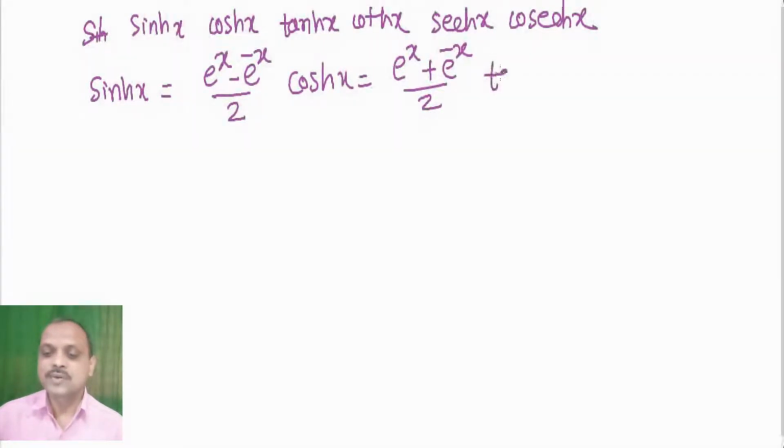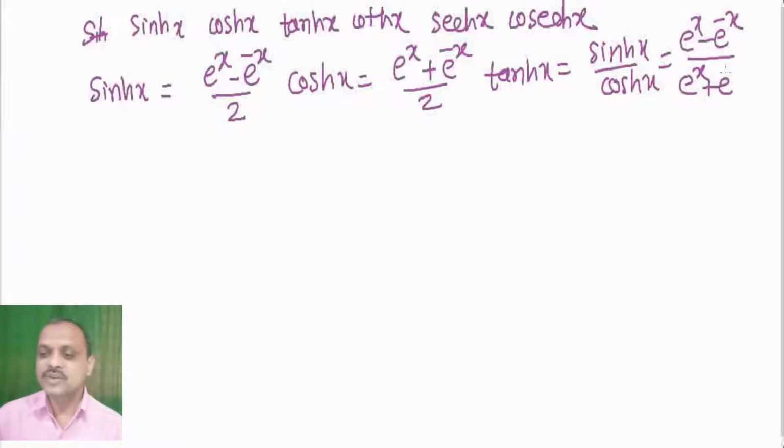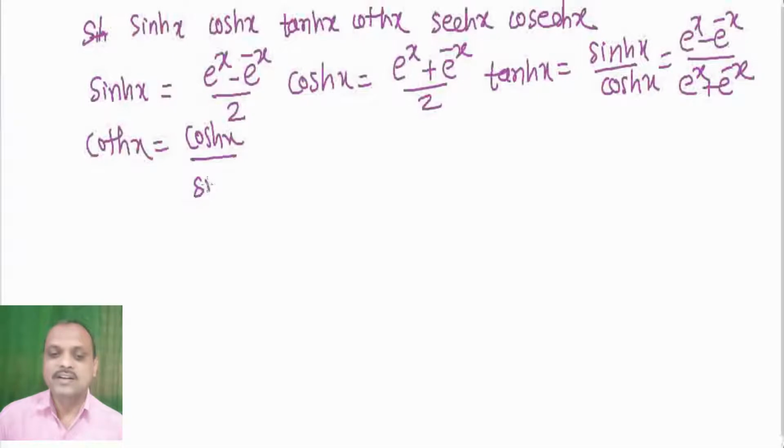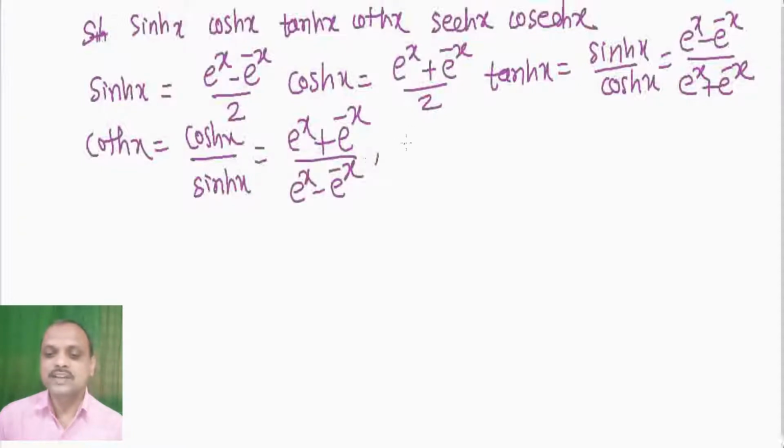And as usual, tanh x equal to sinh x divided by cosh x equal to e raised to x minus e raised to minus x divided by e raised to x plus e raised to minus x. And coth x equal to cosh x divided by sinh x equal to e raised to x plus e raised to minus x divided by e raised to x minus e raised to minus x.